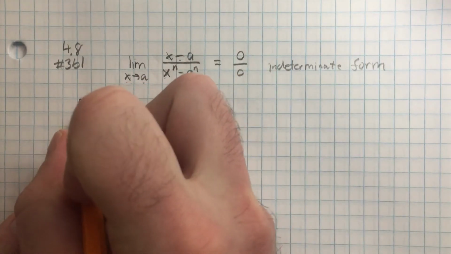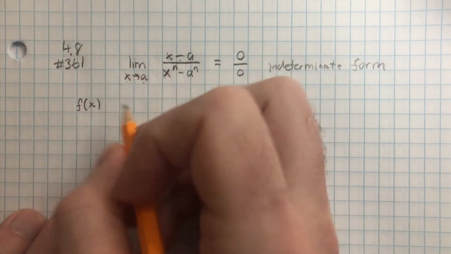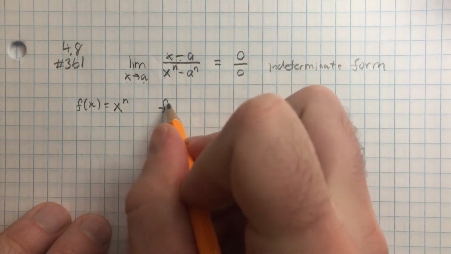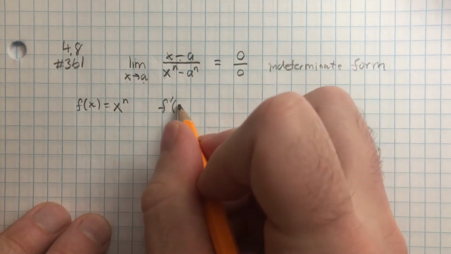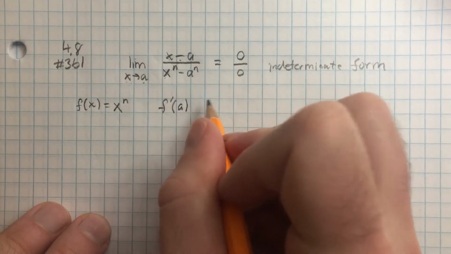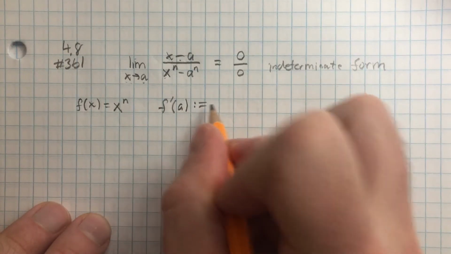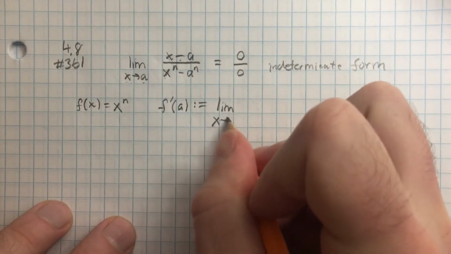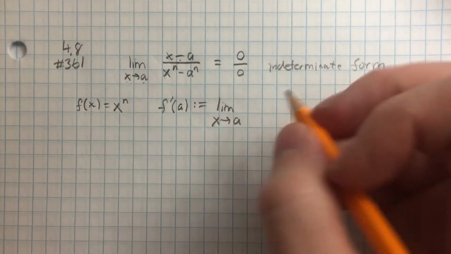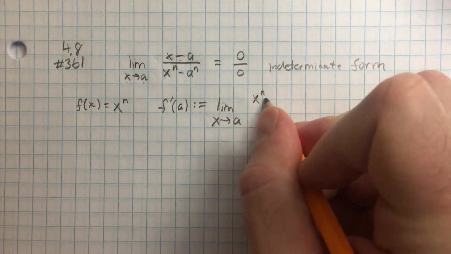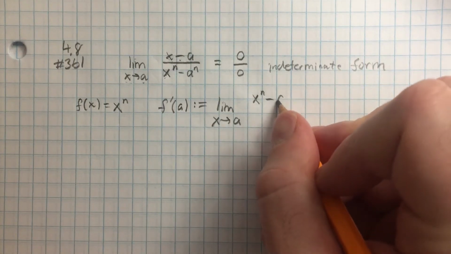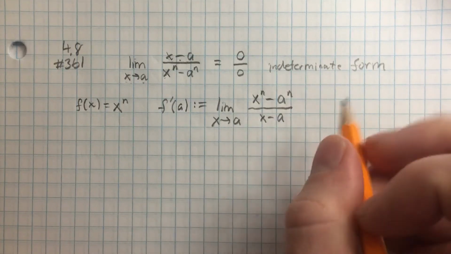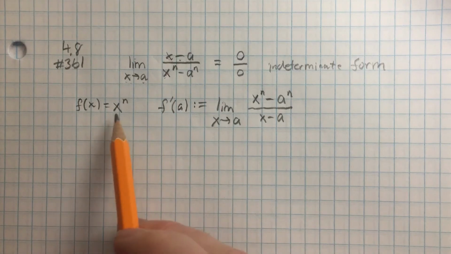If I said f of x was the nth power function, and I said, let's find the derivative of this function at a, then by definition of the derivative, I would have the limit as x approaches a of this power function minus the power function with a plugged in over x minus a. That would be the definition of the derivative for this particular function.